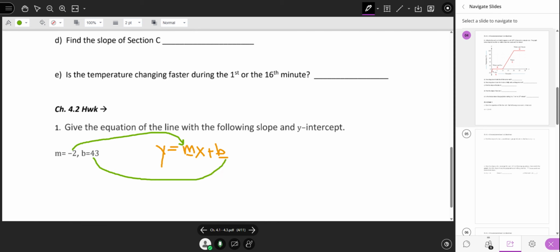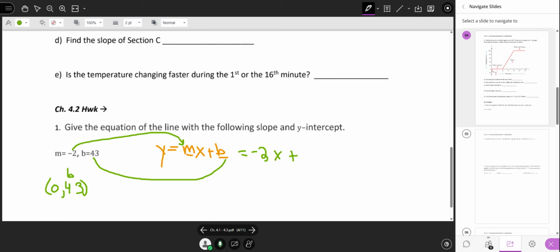Now, sometimes the y-intercept shows up as (0, 43), or (0, b), whatever that number is. Well, plug and chug. And really on this one, you don't even have to chug. Keep x as x.